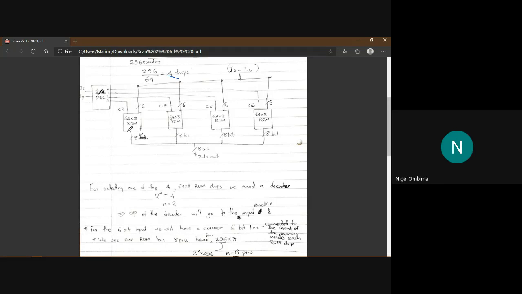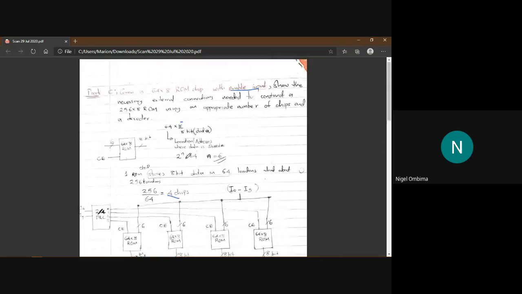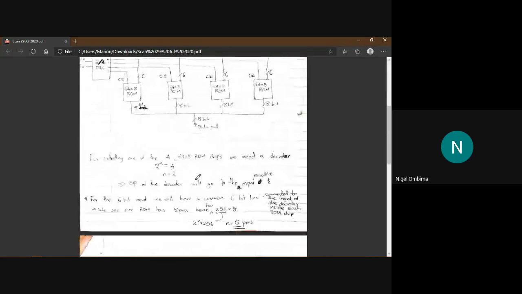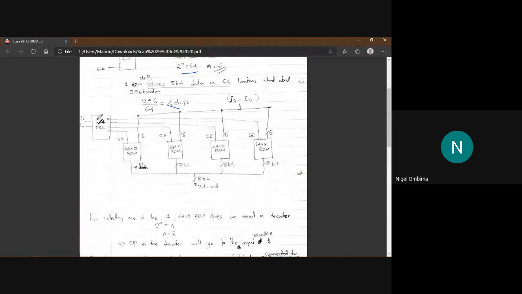So there are 4 ROM chips. Now that's the output of the decoder. 2 power n is equals to 4, just like upper. So in order to get the number of inputs n, it's 2. So I drew a 2 by 4 decoder with 2 inputs. Ignore this I6, I7 kwanza.